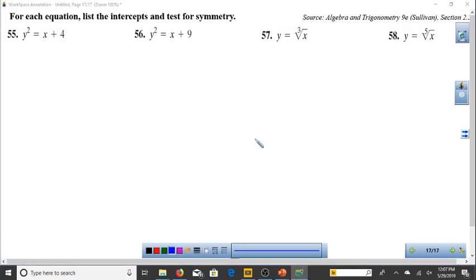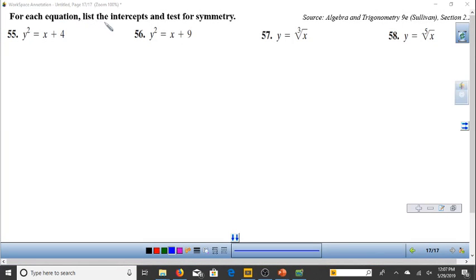So in this question, it says, for each equation, list the intercepts and test for symmetry. So let's start off with this one. Let's look for the intercepts. For my y-intercept, I will simply replace all my x's with 0 and solve for y.